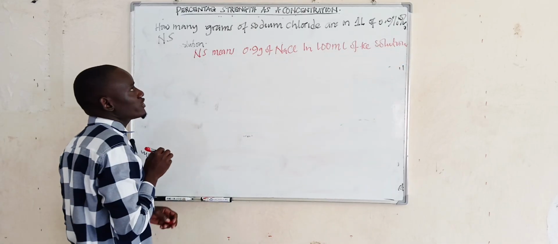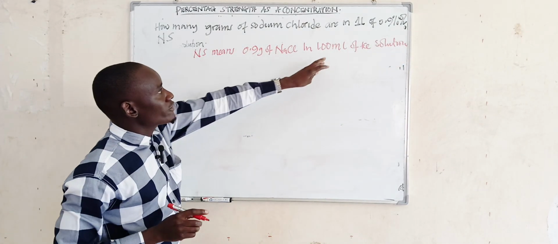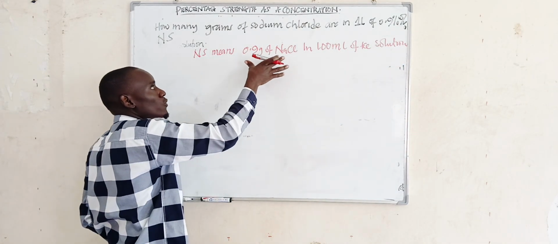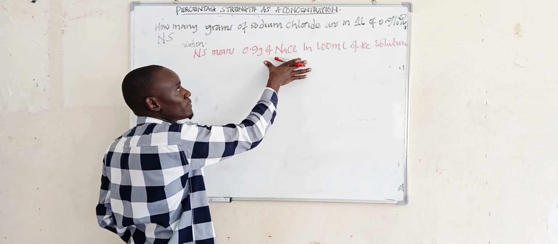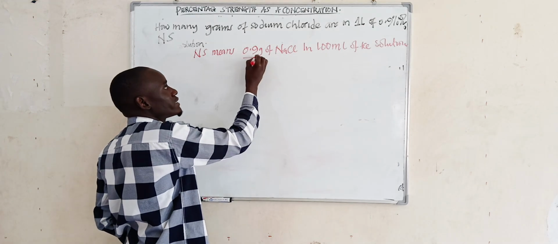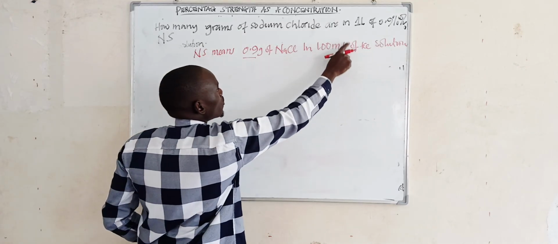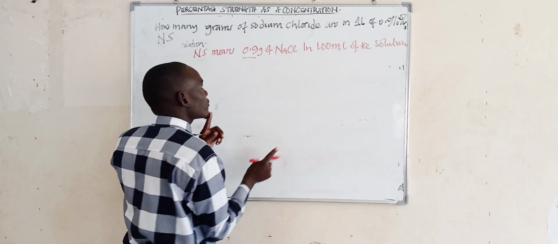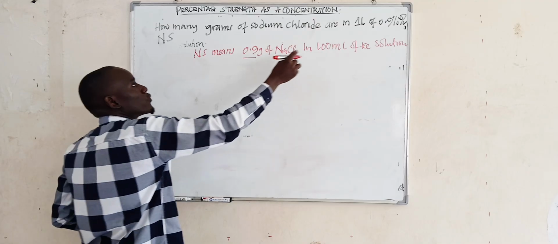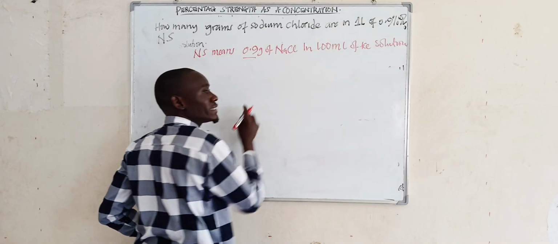So from first principle, we shall start with this, because what we know actually has the relation. What we are looking for is the mass, call it the grams, and what we know is the volume. But remember, we want to know how much is in 1 liter.